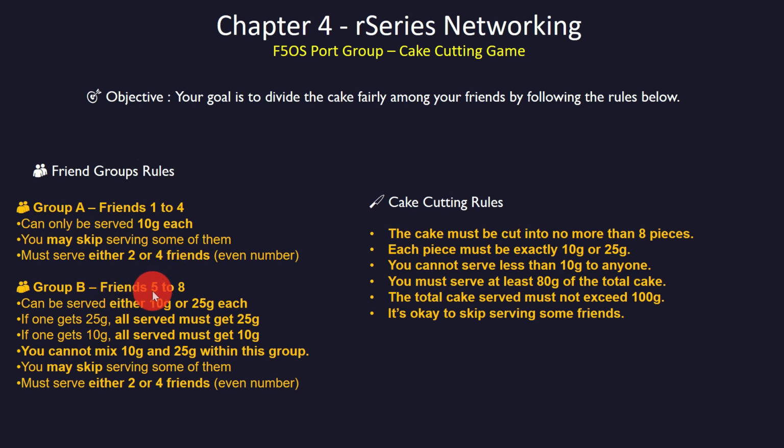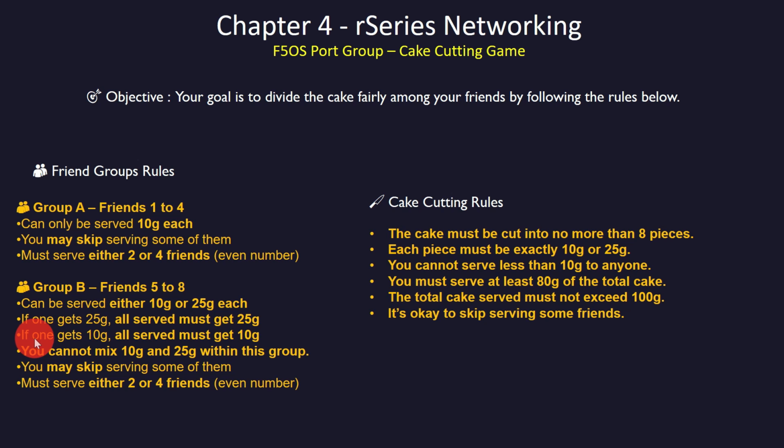Friends 5 to 8 are part of group B. In this group B, anyone can be served either 10 gram or 25 gram of cake. But if you serve one friend 25 gram of cake, all served friends in group B must get 25 gram.